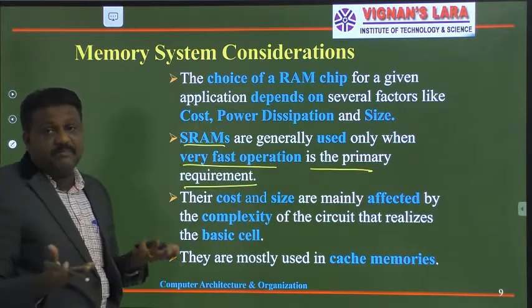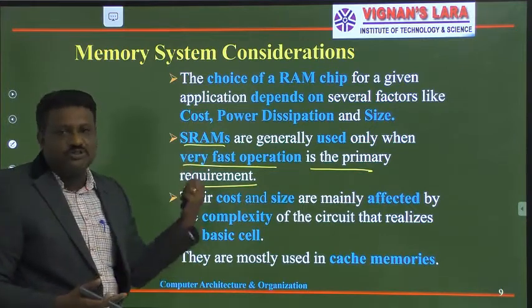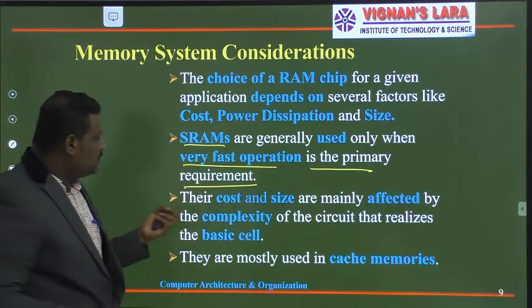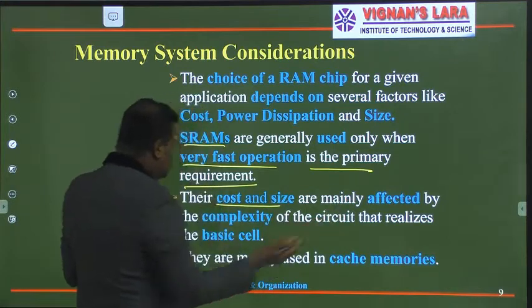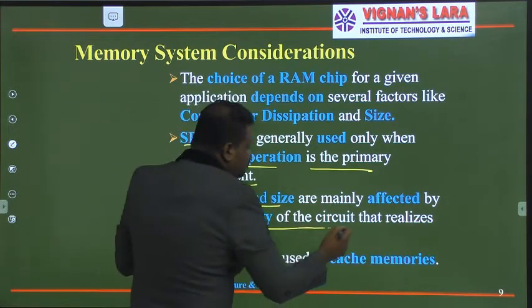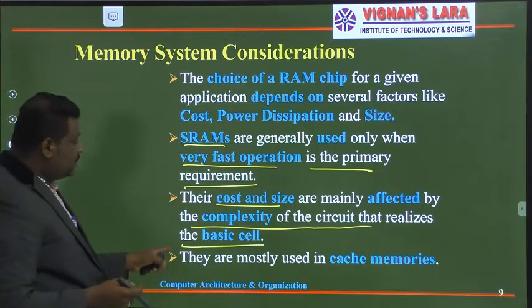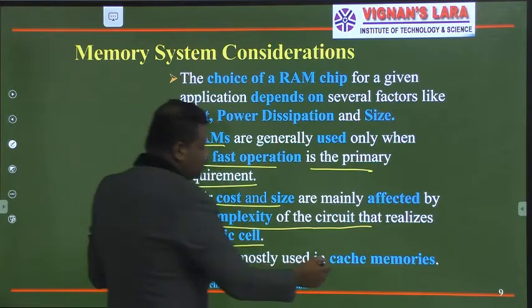If the primary requirement in your system is speed of operation, then definitely I can go and use SRAMs. And the cost of this is very high, there is no doubt. Their cost and size are mainly affected by the complexity of the circuit that realizes the basic cell. They are mostly used in cache memories.